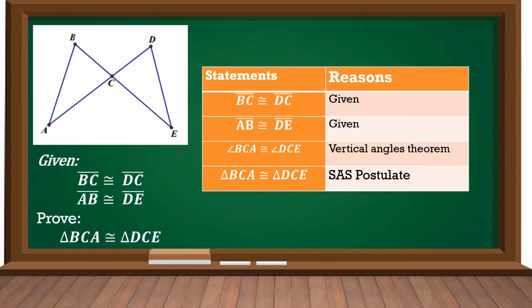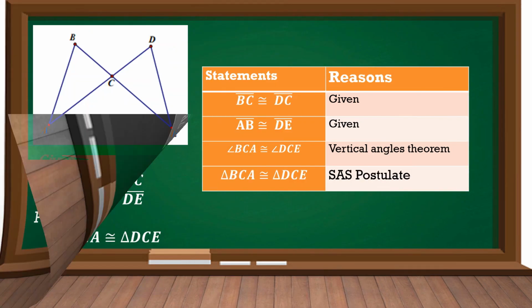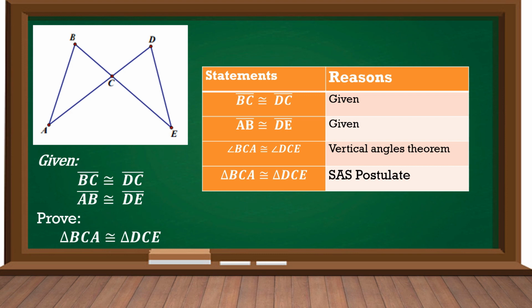In proving the statement triangle BCA is congruent to triangle DCE, we will present the statements in a two-column proof. The two-column proof contains statements and reasons. We will write the statements in the first column, while the reasons will be written in the second column.